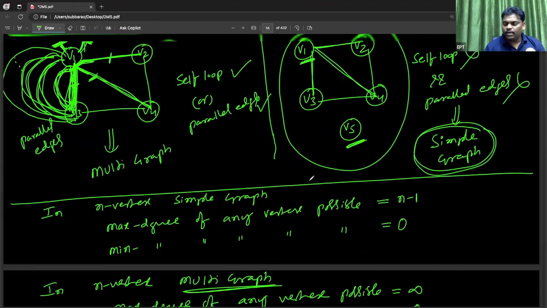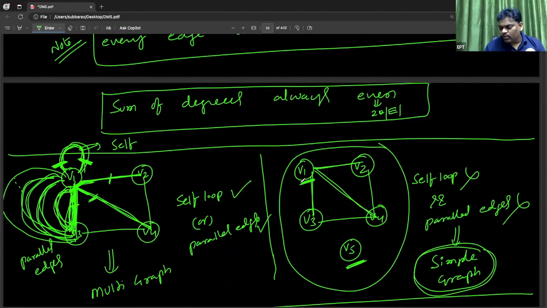Next one. For the vertex V1, how many people are adjacent? Or how many edges are incident with this? How many edges belong to V1? The number of edges associated with V1, that is also similar. But when you come here, the number of edges associated to V1: 1, 2, 3, 4, 5, 6, 7, 8, 9.